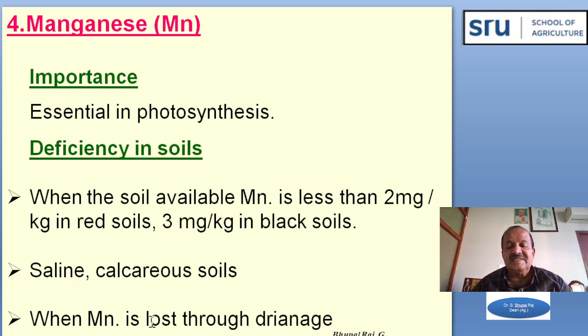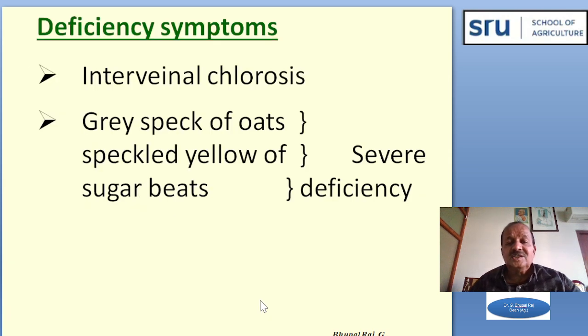When manganese is lost through drainage, it is likely to cause manganese deficiency in the soil. The main symptoms are intervenal chlorosis, gray speck of oats, and speckled yellows of sugar beets.